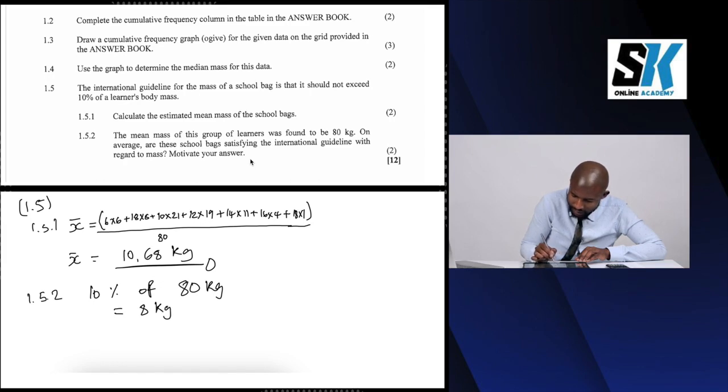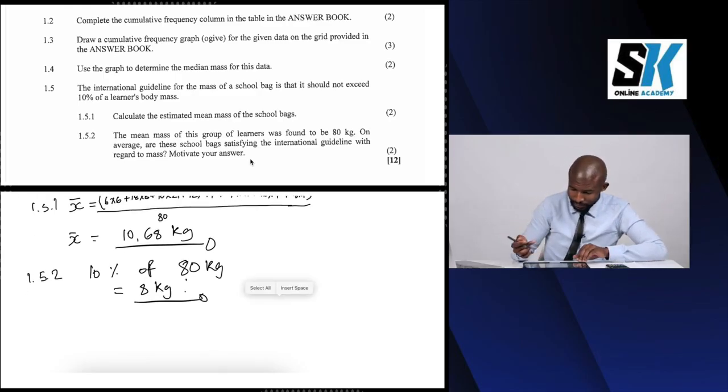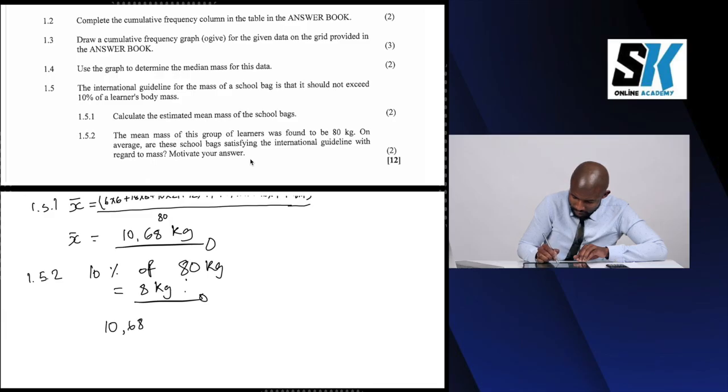So that is the international guideline. But the mass that we got in the previous question, which is the mean mass, was 10.68. So 10.68 kg is greater than the 8 kg.